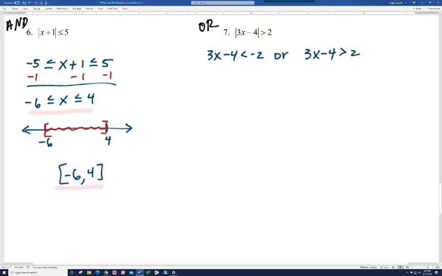Basically, I want to show you what's going on here. I'm going to make a number line up here. And we've got -2 and +2. And let me get a different color to shade here. So basically, you have this side over here and this side over here, where the distance from 0 to 3x minus 4 is greater than 2.